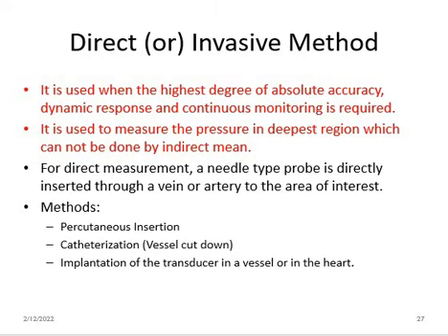So here again, for direct measurement, what type of needle is required? What type of probes are required? What are the different types of probes? Needle probes are utilized. It is very easy to insert the needle through our vein to the heart.